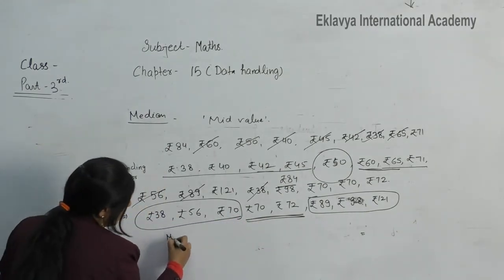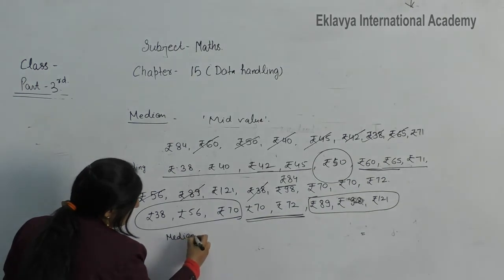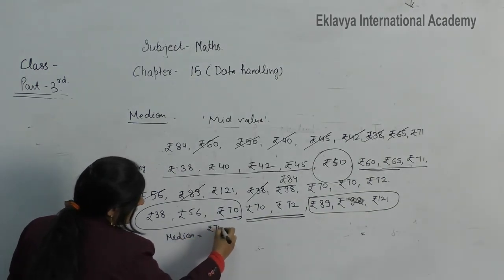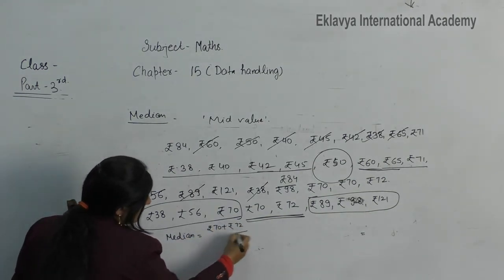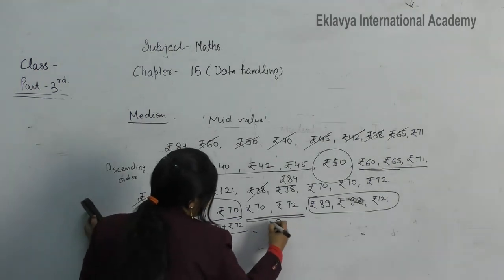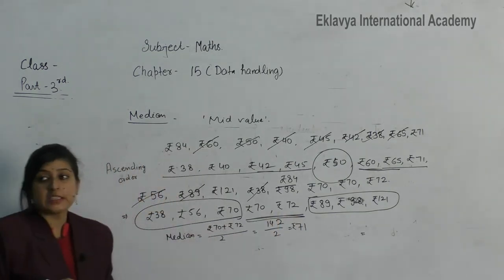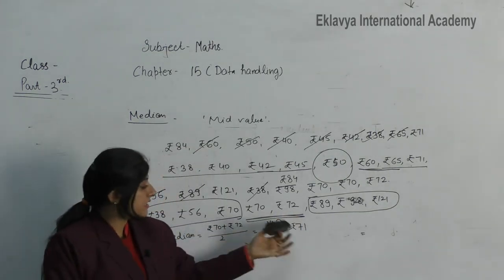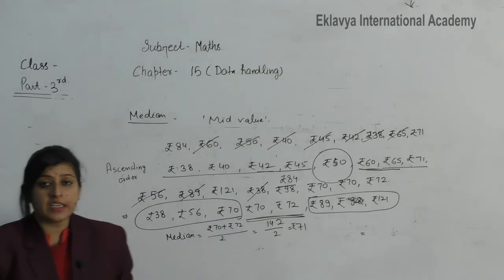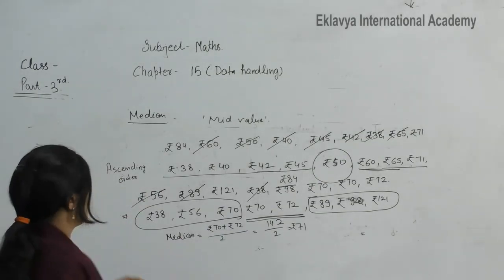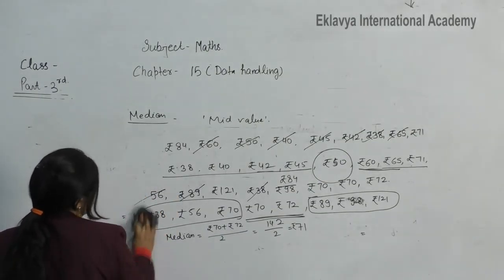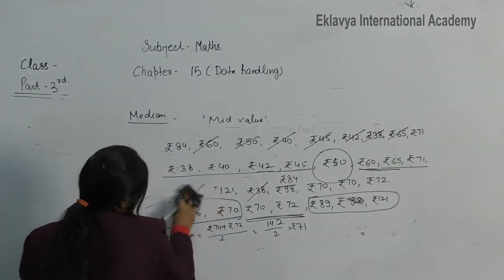The median is the average of these two salaries, that is ₹70 plus ₹72 divided by 2. It becomes 142 divided by 2, that is 71 rupees. So we can say the median of this salary is equal to ₹71.